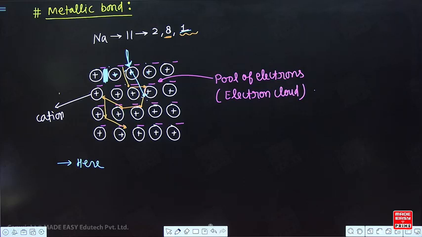W-H-O-L-E, as a whole, or forming a sea of electrons, or electron cloud, you can write.